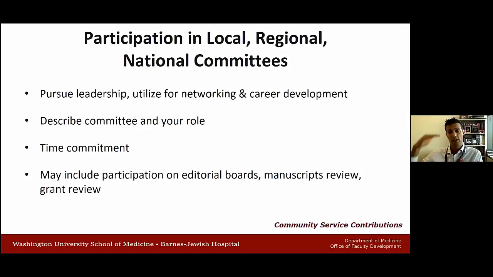As you go up the promotional ladder, one of the things that's viewed is not only how you are viewed in the local community here at the School of Medicine, but how you are viewed as a leader in your own right in your field, regionally, nationally, and then oftentimes internationally over the years.